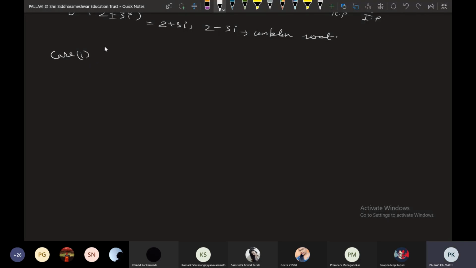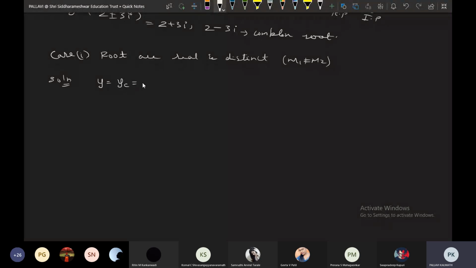Case 1: if the roots are real and are distinct. In symbols, it is m1 not equal to m2.